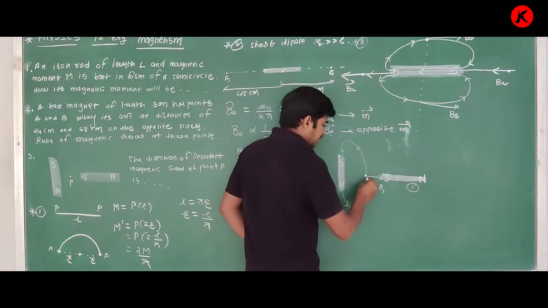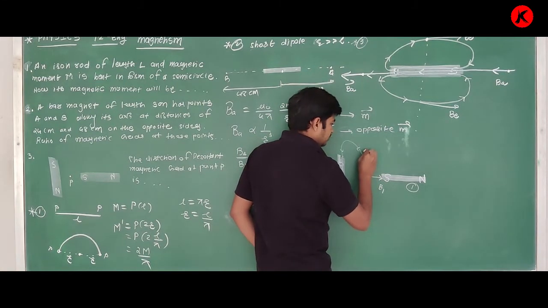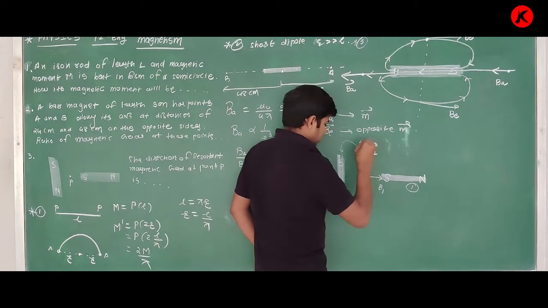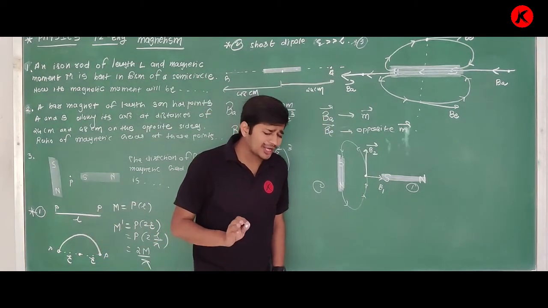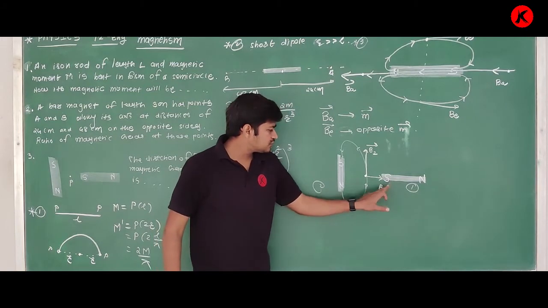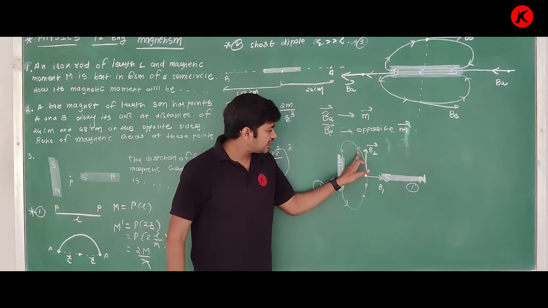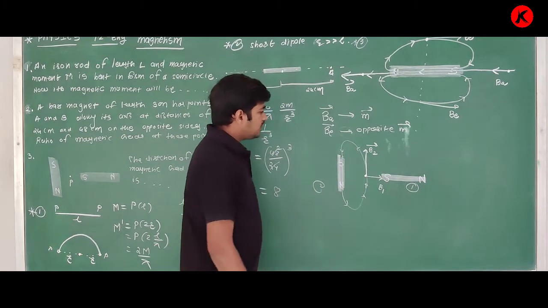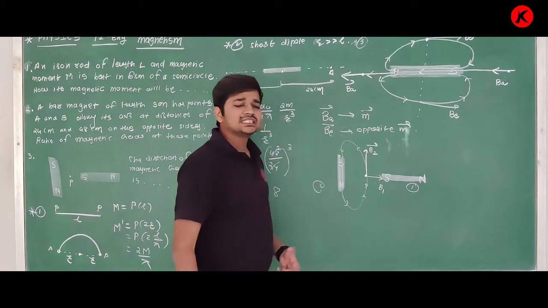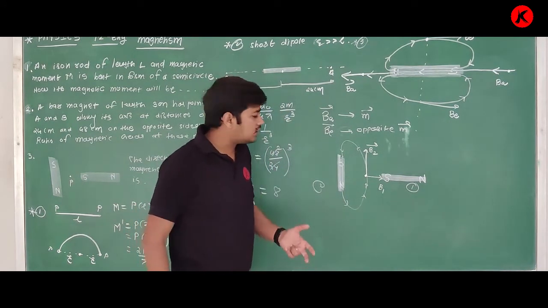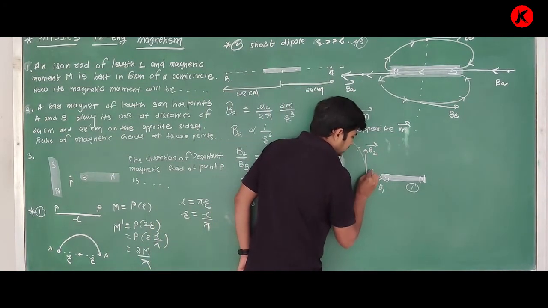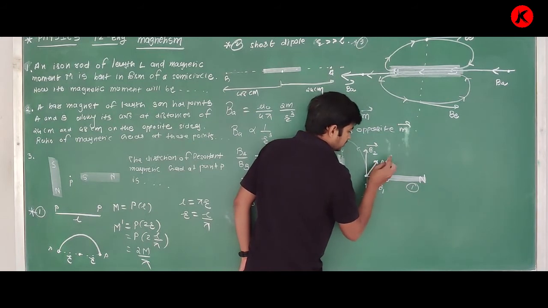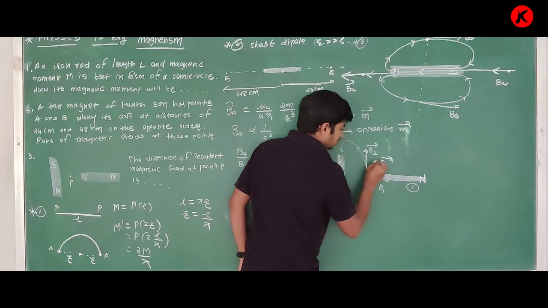So due to this, the magnetic field at point P, B, is in this direction. We only have to draw direction: due to the first magnet, B1 is in this direction, and due to the second magnet, B2 is in this direction. If the two magnets are identical, B1 and B2 will be the same, and the resultant will be exactly like this. This is the resultant magnetic field B.